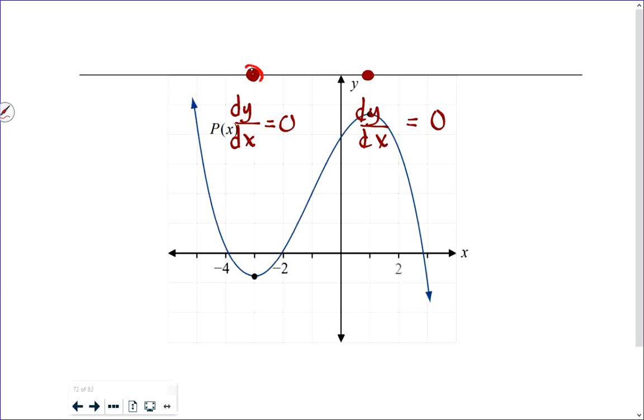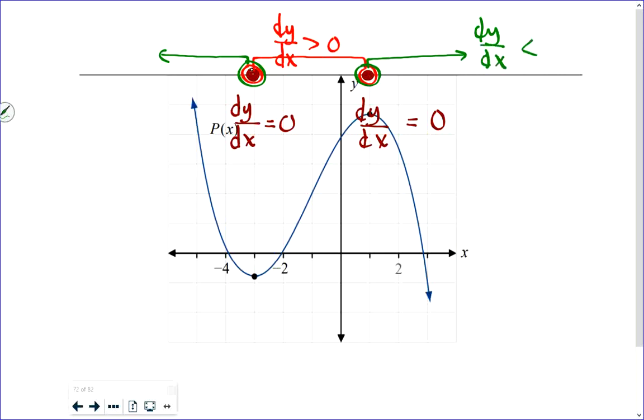In this region, dy/dx is positive, and in this region and this region, dy/dx is negative.